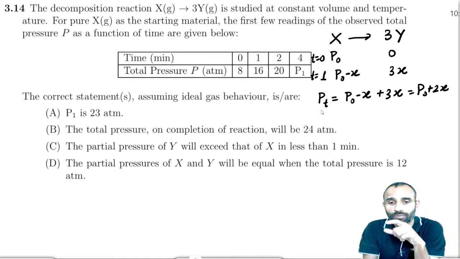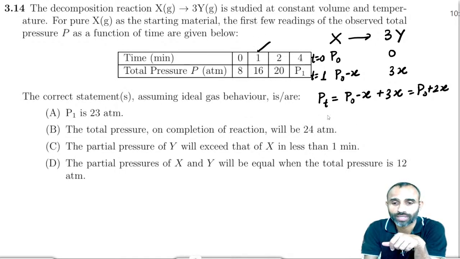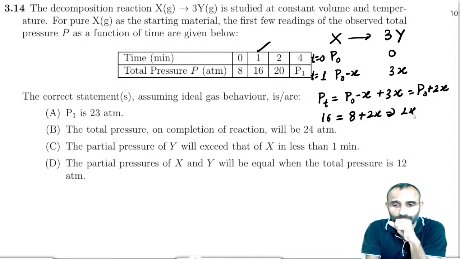So total pressure after 1 minute is equal to 12, so 8 plus x is 12, x is equal to 4.